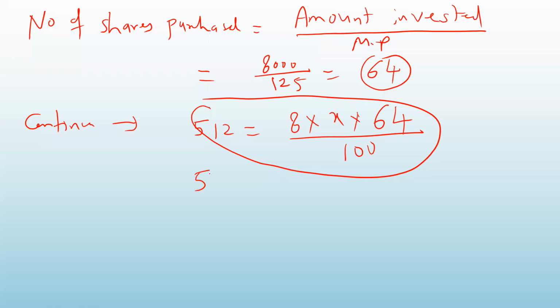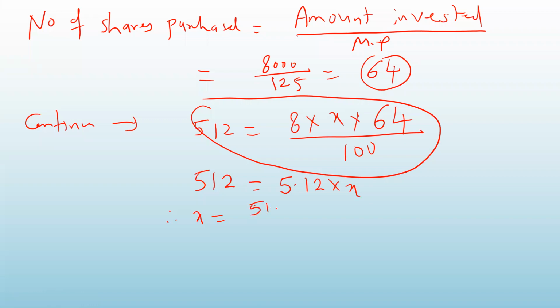What we will do is keep the left hand side as it is and simplify the right hand side. So 8 into 64 divided by 100 gives you 5.12, and this X I keep as it is. So what will be the value of X?